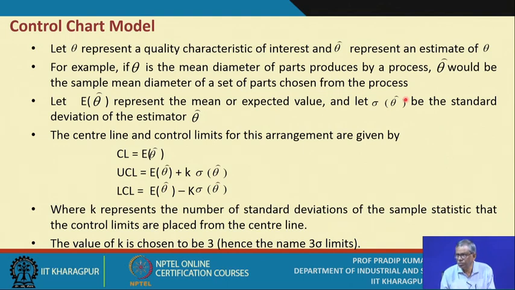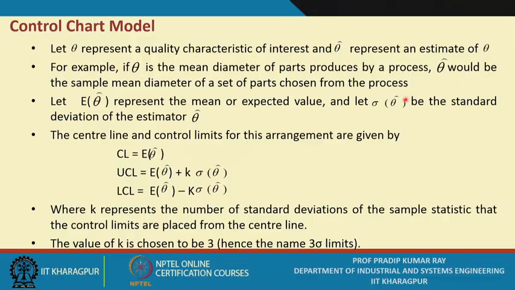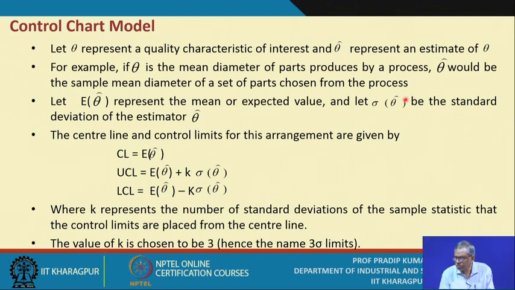So what you try to do is, from the population you collect a sample, and the sample becomes a representative of the population, and then you measure individual values, individual units related to the quality characteristic, and you have the sample values.